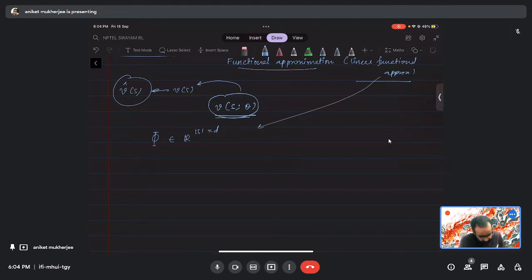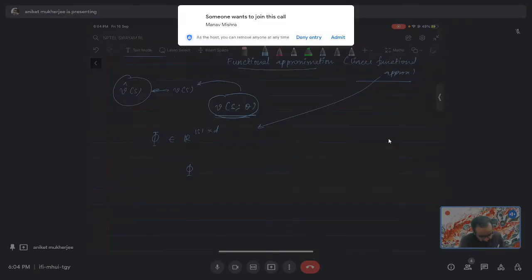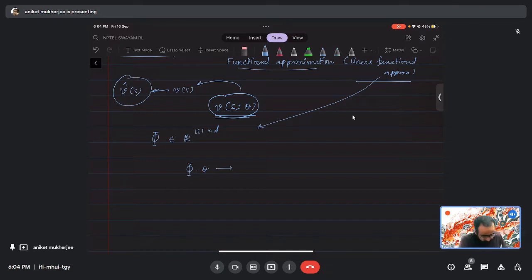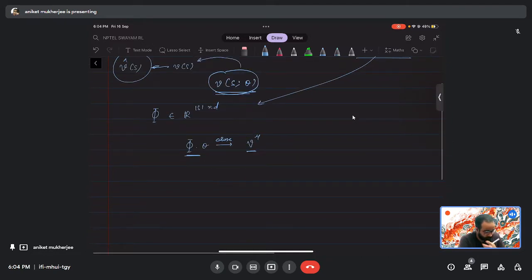What I want is this feature vector times my parameter theta should be as close as possible to my v function, with some policy or some value function. This is what I am trying to do.